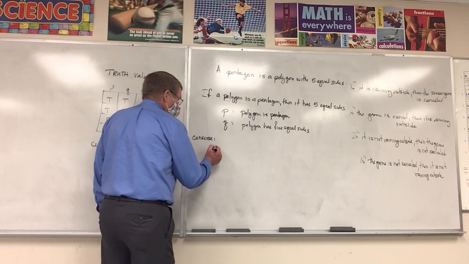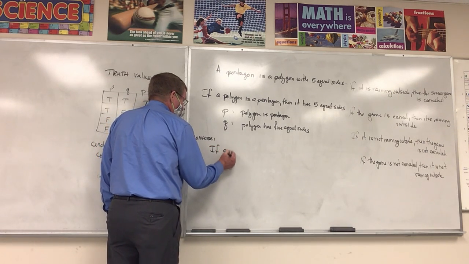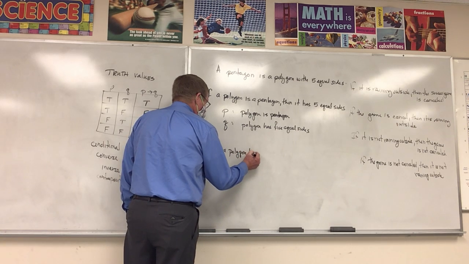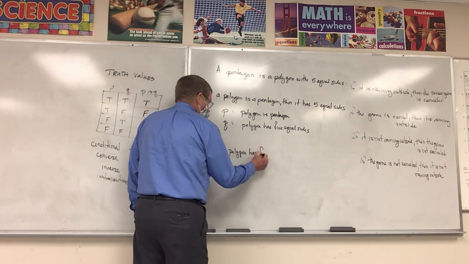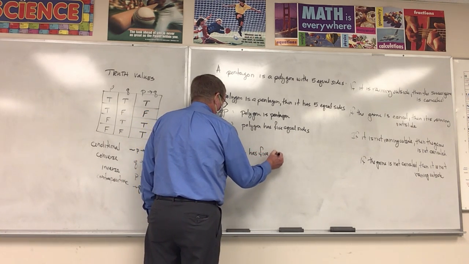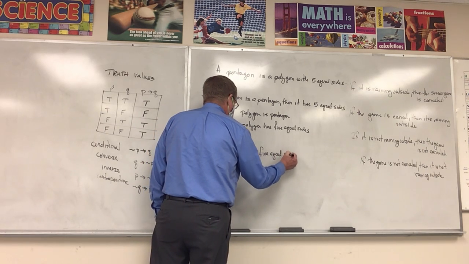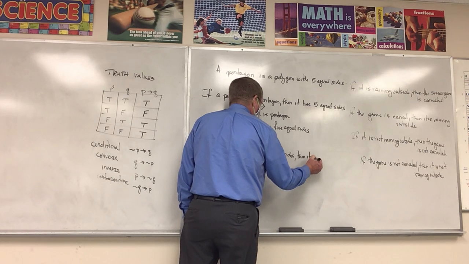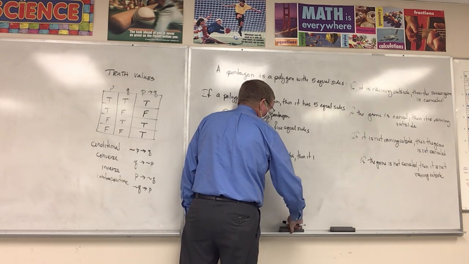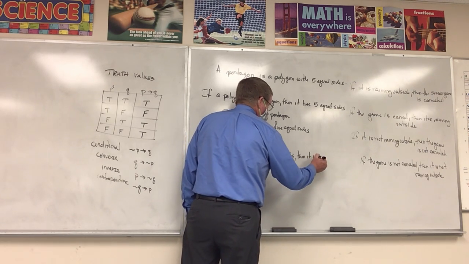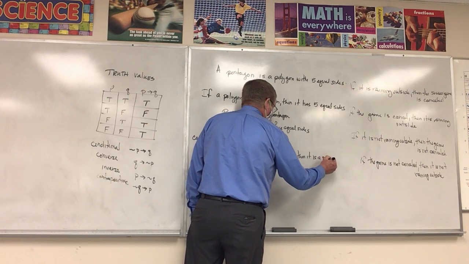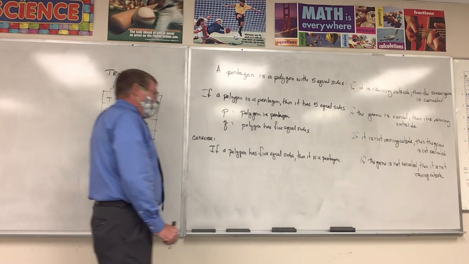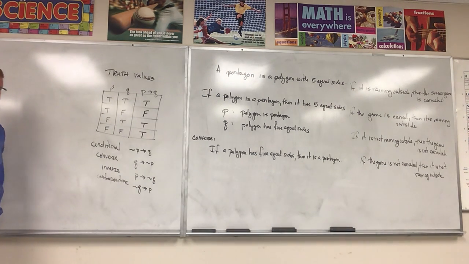If the polygon has 5 equal sides, then it's a pentagon.